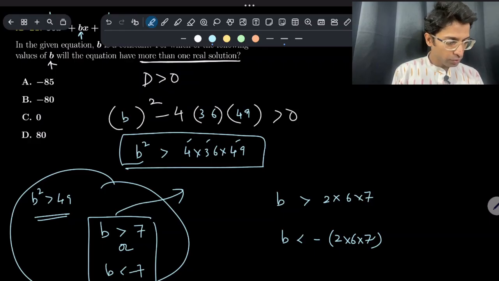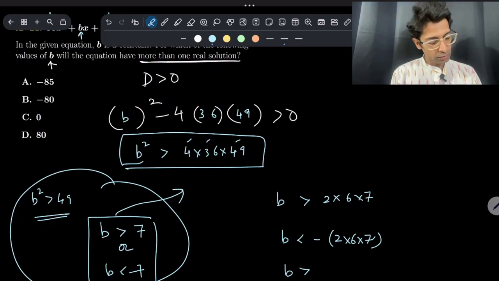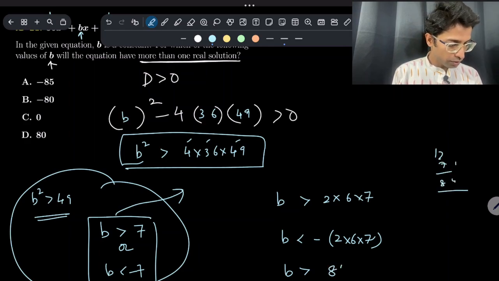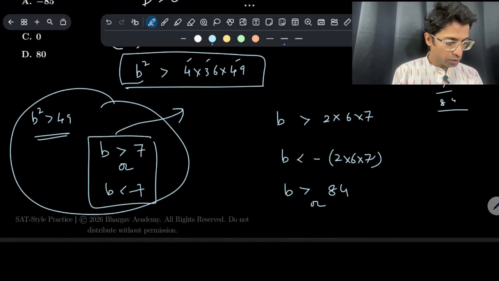So that comes out to be, 6 twos are 12, 12 into 7 is 84, yes. b should be greater than 84 or b should be less than −84.